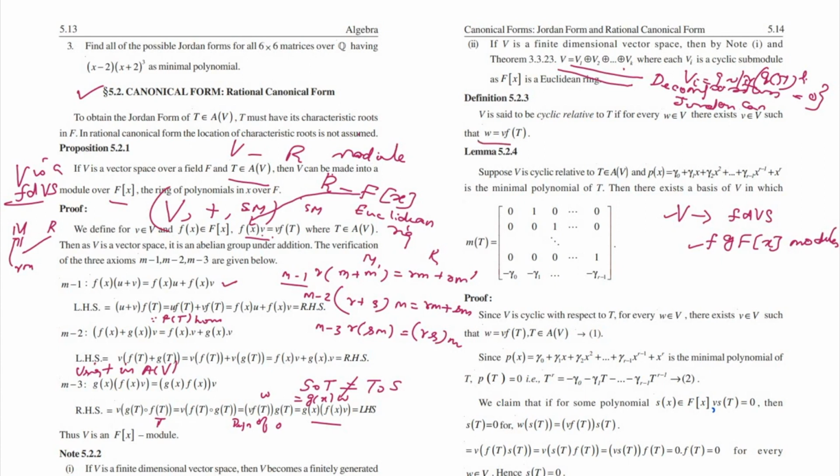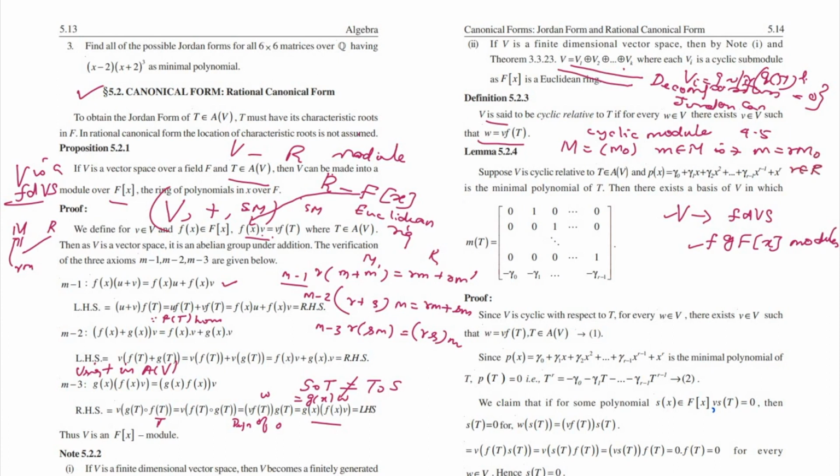Now this is somewhat similar to our cyclic module, which is already defined in Herstein in section 4.5. We say that the given M is a cyclic module generated by m0 whenever any small m in capital M is written as m equal to r into m0, where r is a member of capital R.